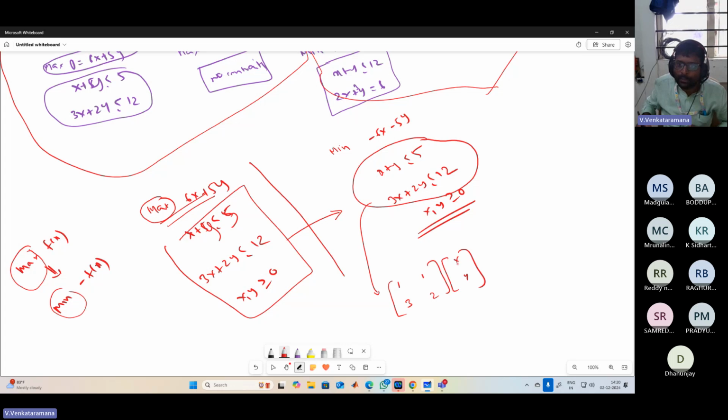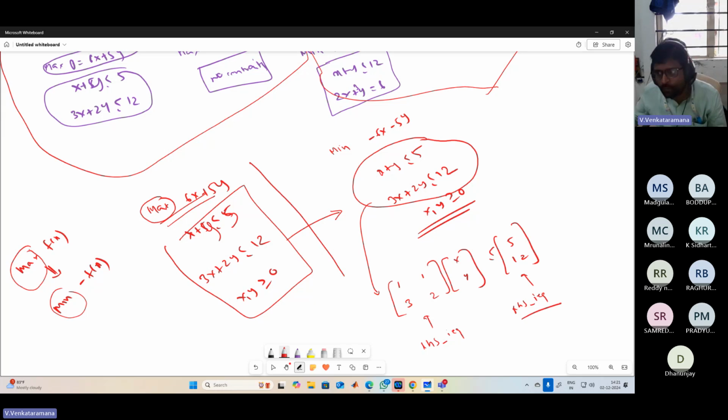So 1 into x plus 1 into y, x plus y. Similarly, 3 into x plus 2 into y. These should be less than or equal to 5 and 12. So this is called the left-hand side of the inequality constraint, and this is called the right-hand side of the inequality constraint.